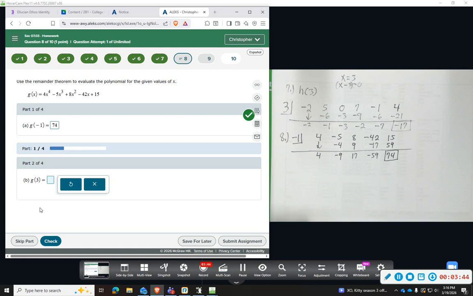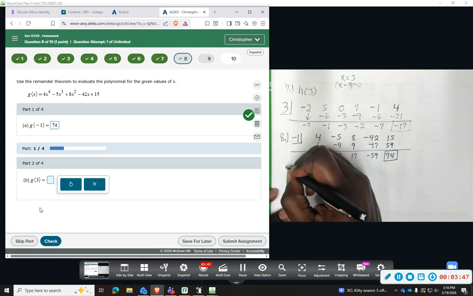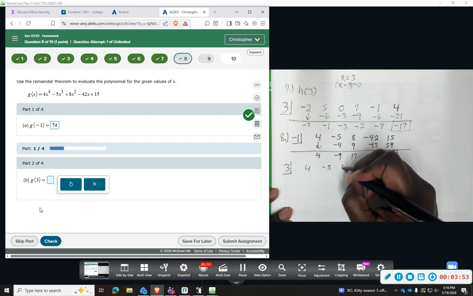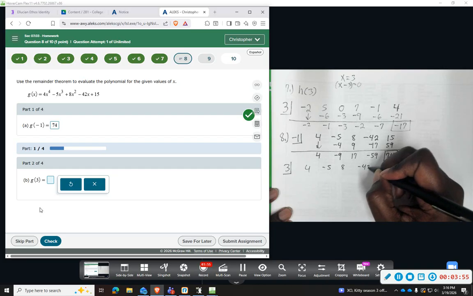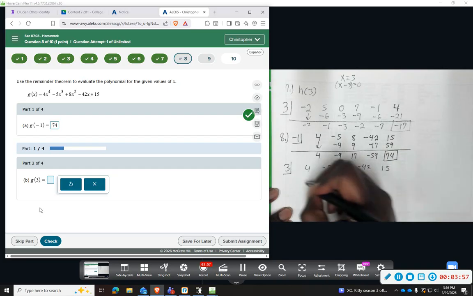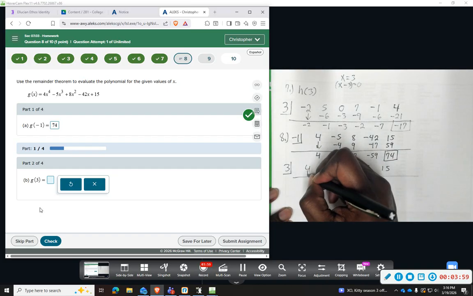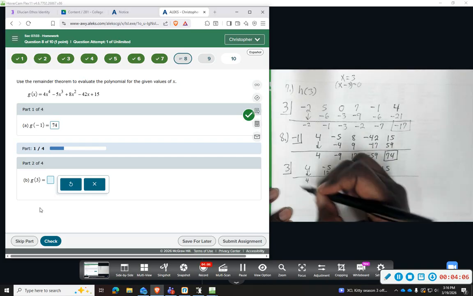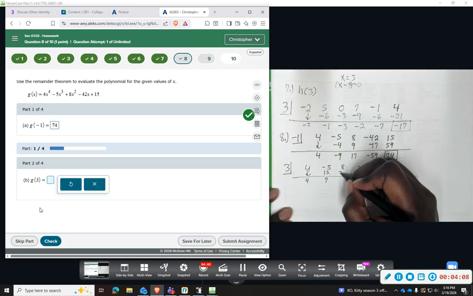We'll do the same thing with 3. So 4, negative 5, 8, negative 42, and 15. Bring down the 4. 3 times 4 is 12. Subtract, we get positive 7. 3 times 7 is 21.